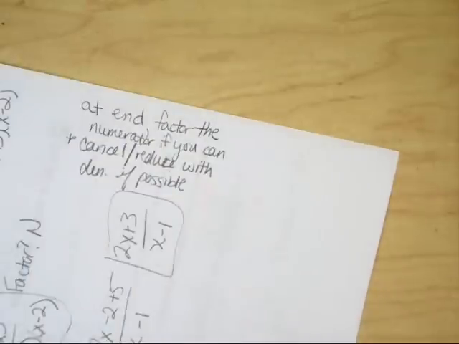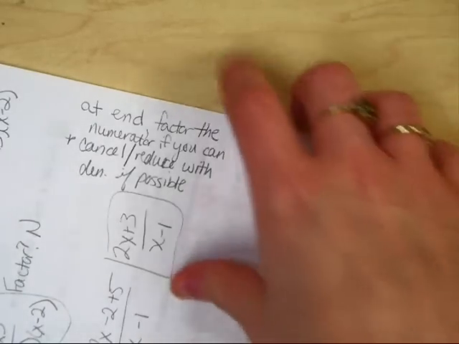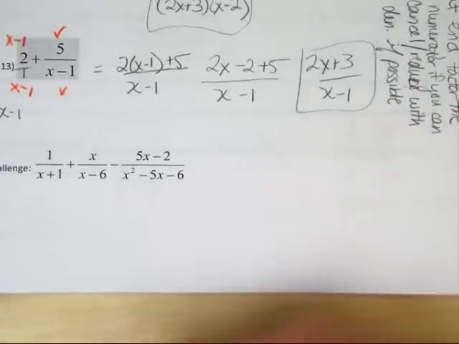Okay? So you're going to factor the numerator if you can, and then after you do that, you're going to see if you can cancel or reduce with the denominator. And only do that if it's possible. Alright, good luck on the challenge problem. We'll go over it when we come back to class together.